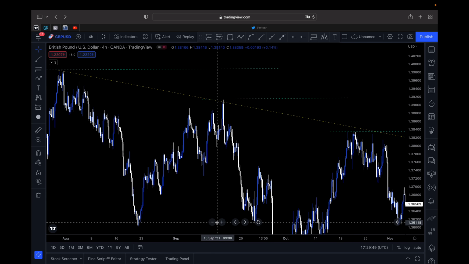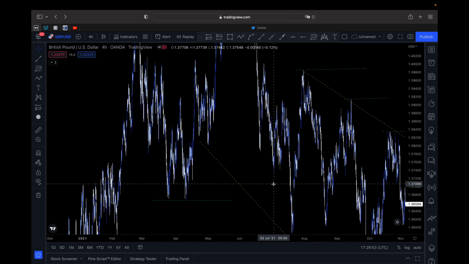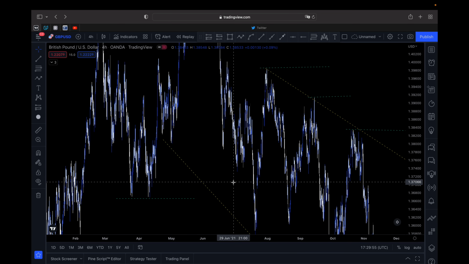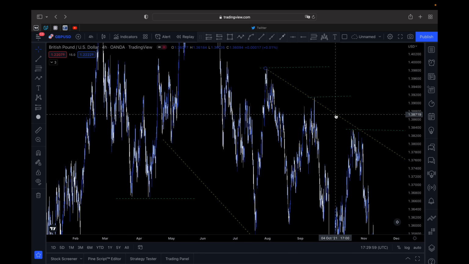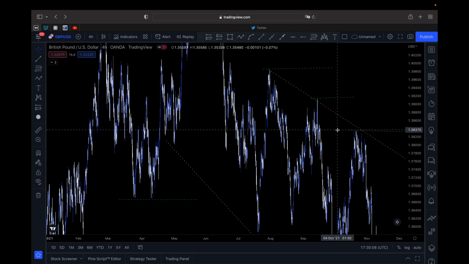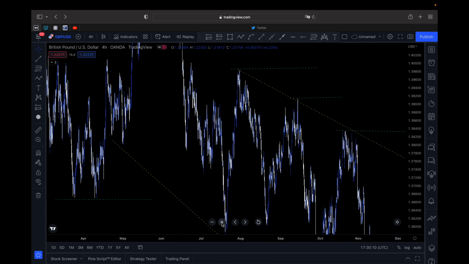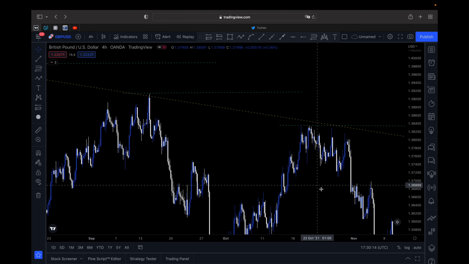I zoom in to look for the nearest resistance level around my trendline resistance level. The trendline is serving as resistance 1, so I'll be looking for a resistance 2. Now I can't find any resistance around this level, so what do I do? I wait for price to create a resistance.